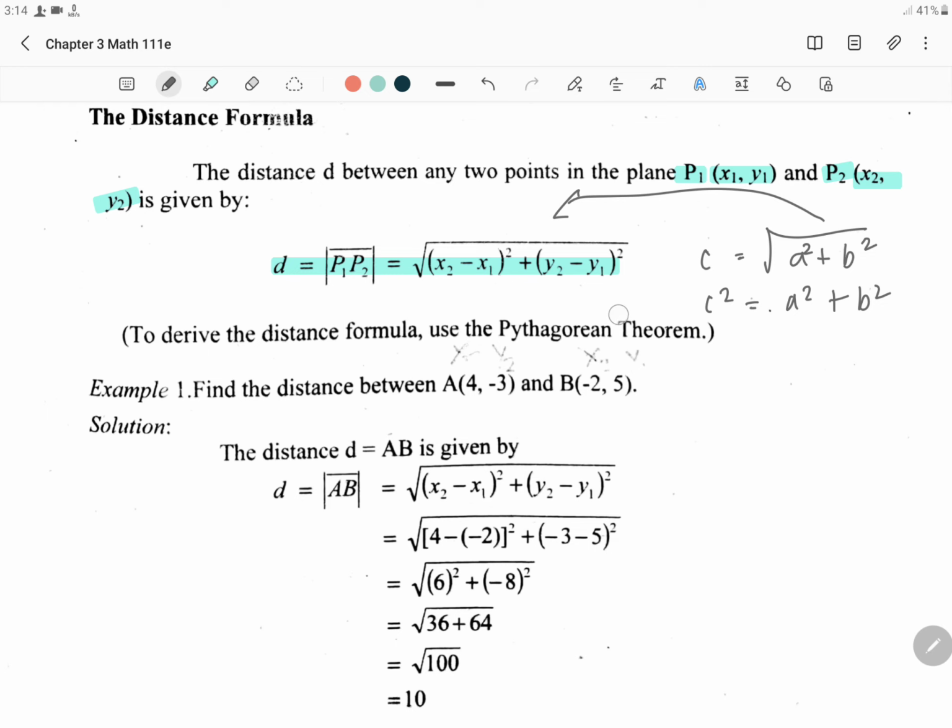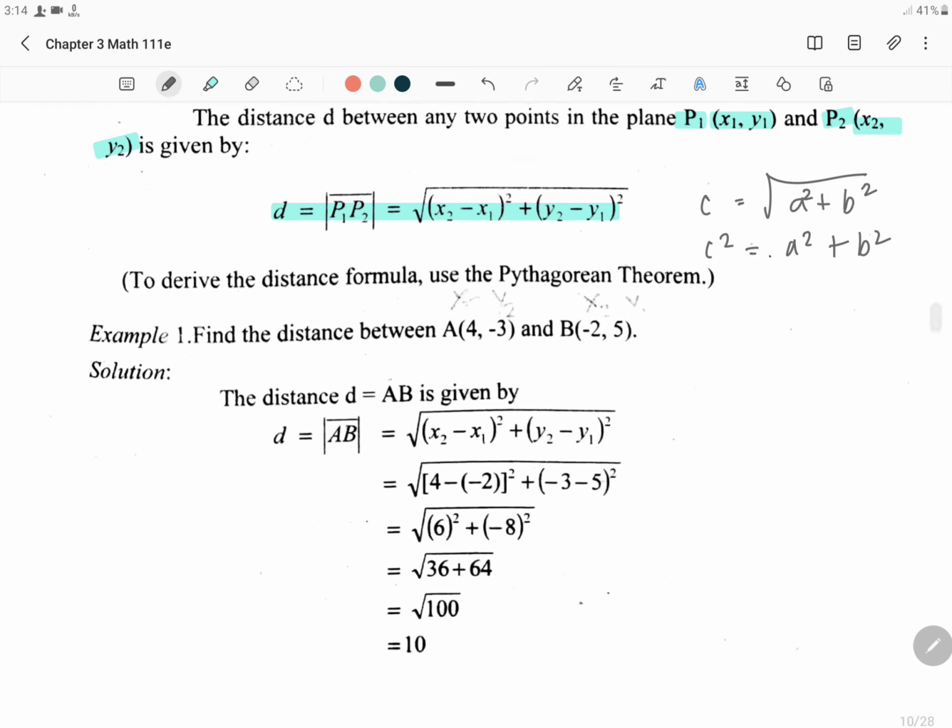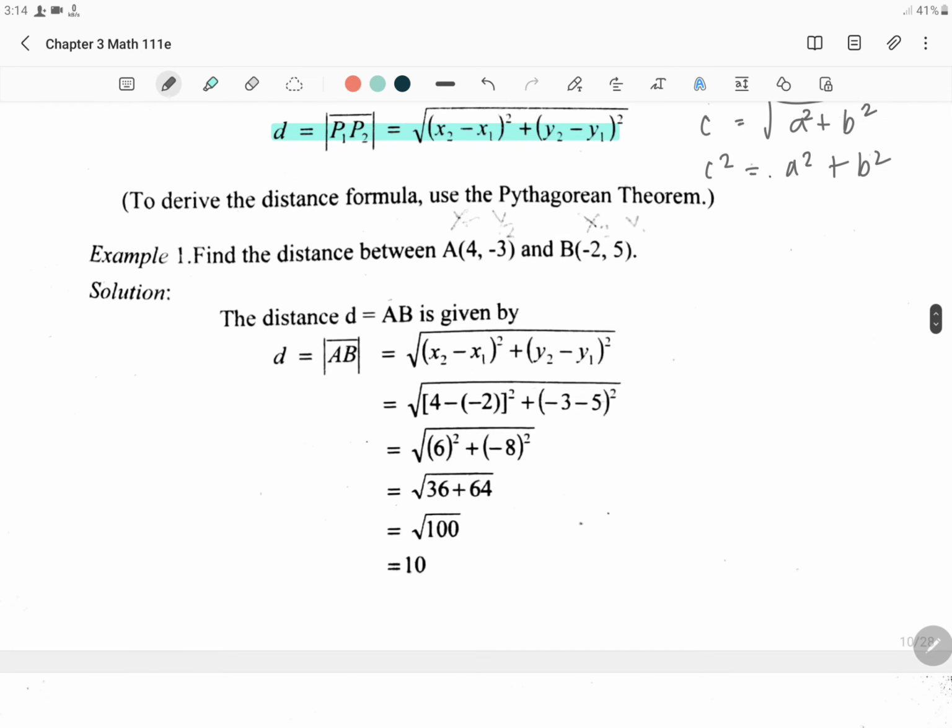So, let us proceed. Now, meron tayong example dito. We are given 2 points, point A and point B. So, pwede nating pangalanan yung pair natin as, for example, itong 4.